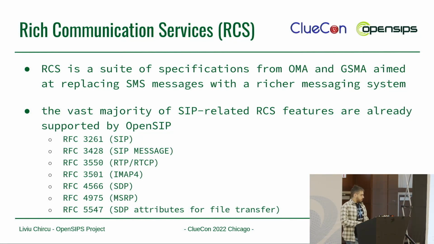And it turns out that RCS actually doesn't have that many requirements, or there aren't that many new SIP specifications tied to it. It is pretty much basic stuff that we already had, and a bunch of feature caps. If you're familiar with that, feature capabilities, which is honestly just a SIP header.